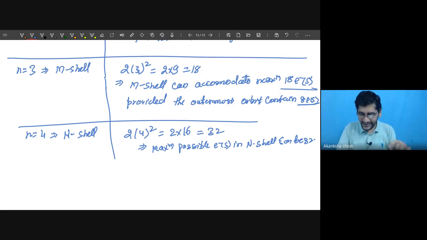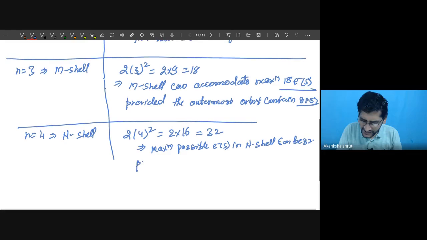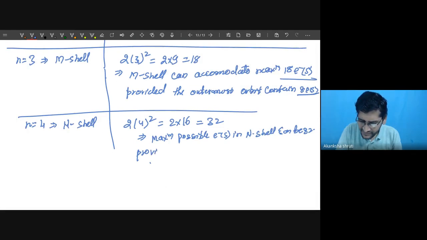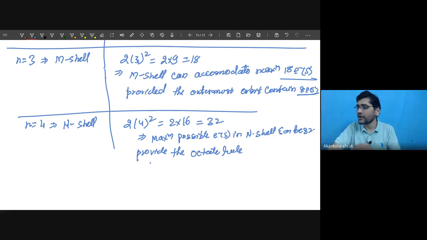But students, here again, provided the octet rule, that is, the outermost orbit can contain maximum 8 electrons. If this itself is acting as the outermost orbit, then it cannot accommodate 32 electrons.